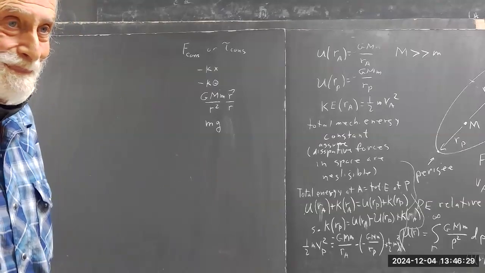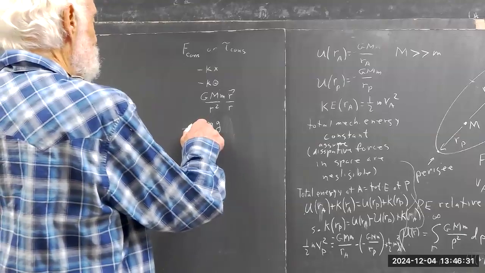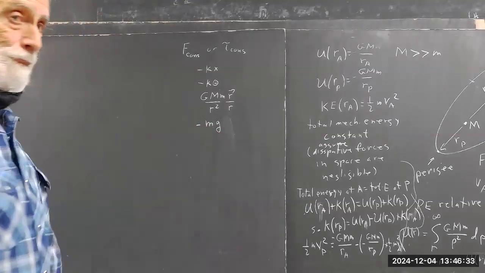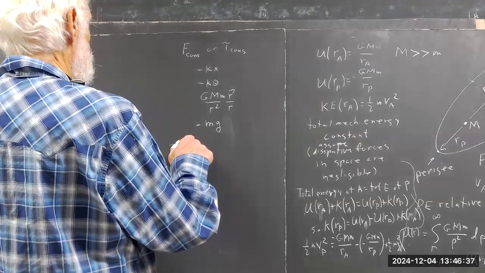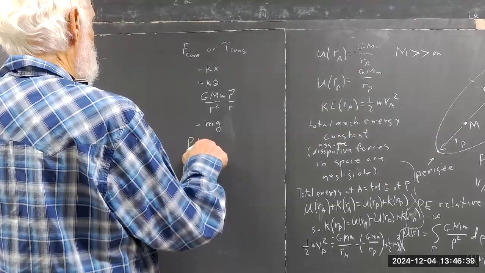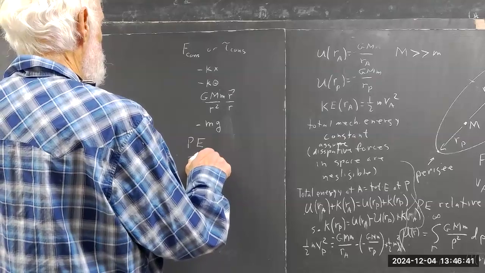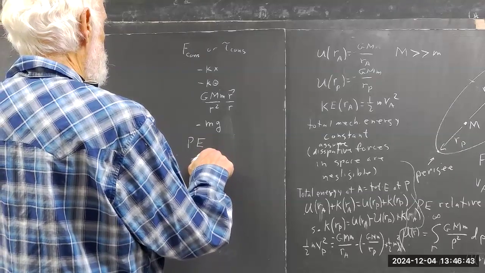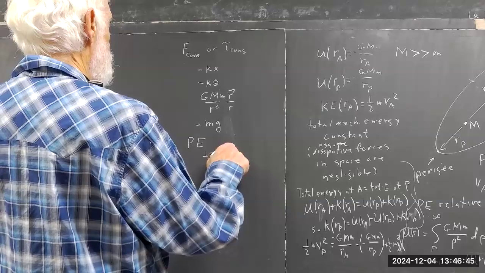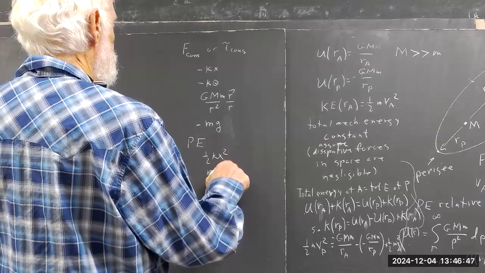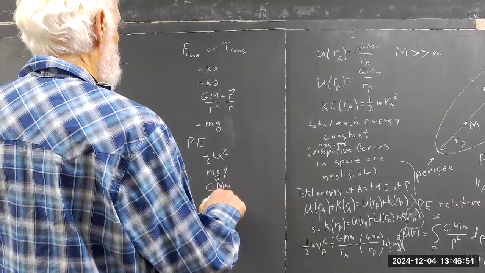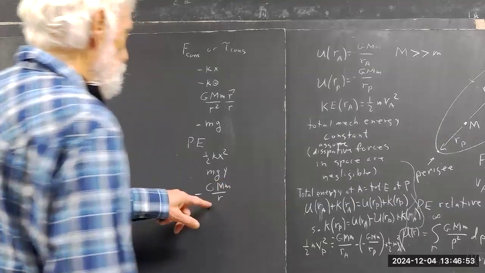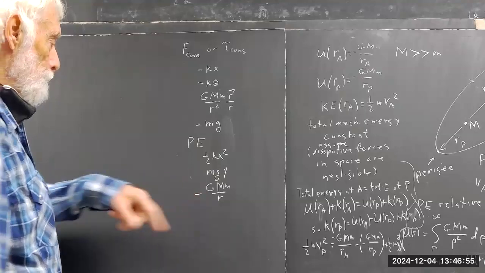Of course, these are, okay now. And it will probably use negative mg. Potential energy. Notice there's no vector here.